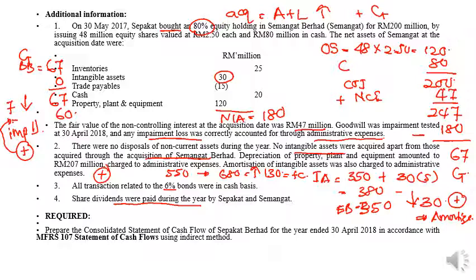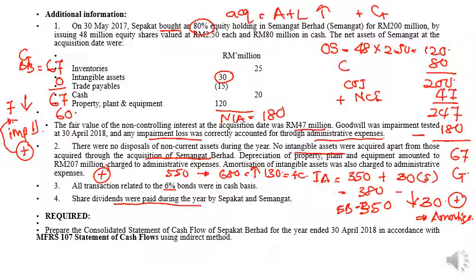So we try to look at the intangible asset in your balance sheet here. Beginning balance you have 350 plus the one that you acquired from Semangat, another 30. So that means you have 380. Compare with the ending balance here, which is 350.